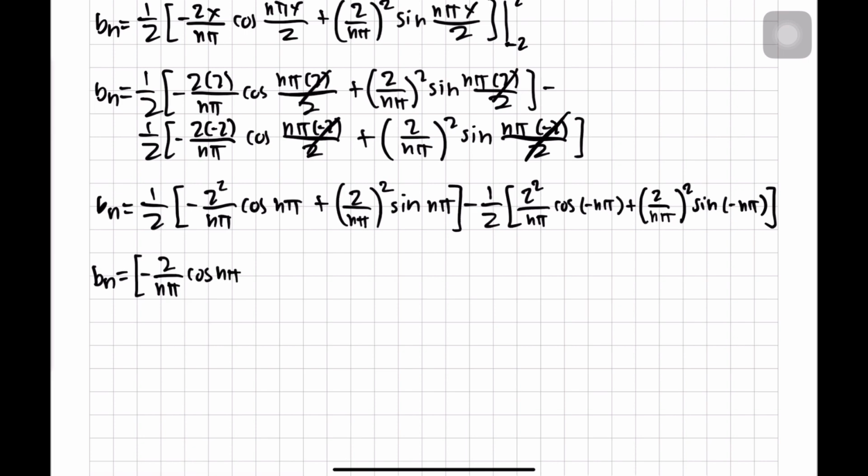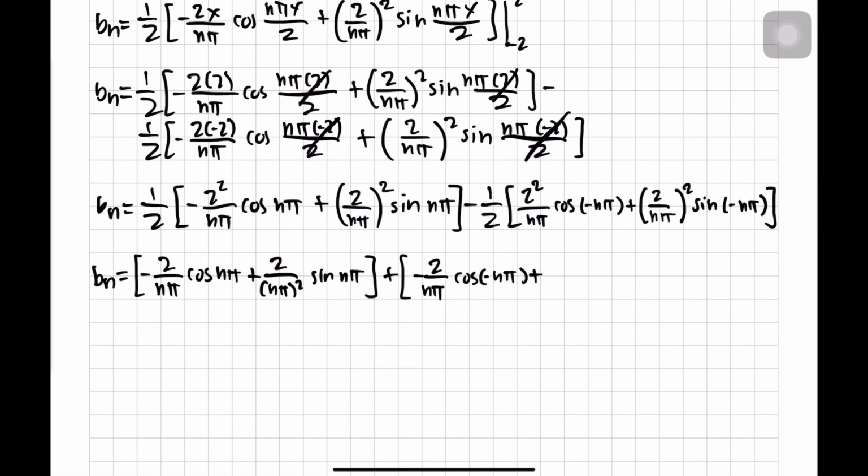That's 2 squared all over n pi squared, and then divided by half, we have still 2 n pi squared, and then sine n pi, and then close, plus that's negative 2, that's 2 squared 4, minus that's negative divided by negative half, and we should get negative 2 n pi cosine negative n pi plus 2 squared for all over n pi squared, multiplying those two divided by negative 1/2.